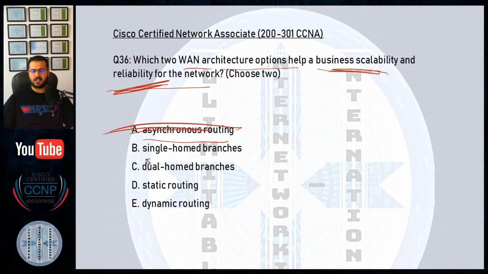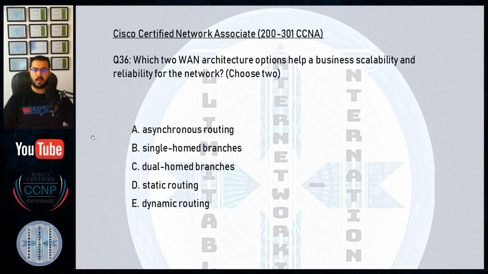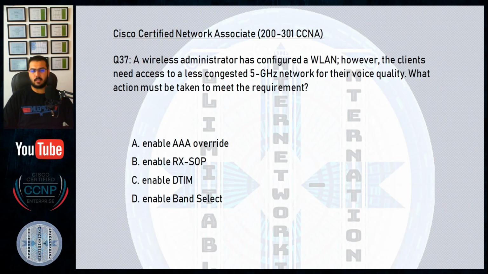No. Single homed branches are more threatened by loss of connection, so this is not reliability, nor scalability. Dual homed branches, yes. Static routing is just like single homed. When you lose the routing, there is no replacement because it's static. Dynamic routing is much better because it provides a redundant path dynamically and immediately.